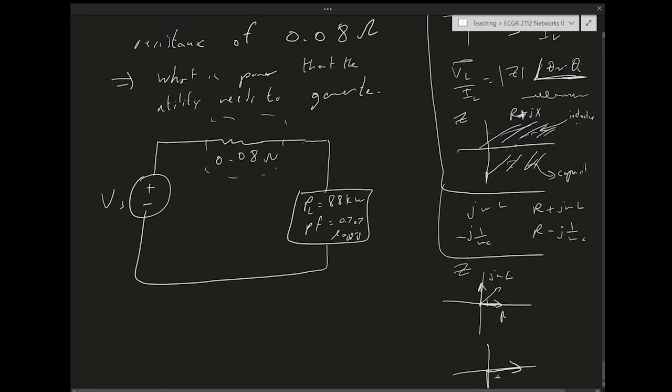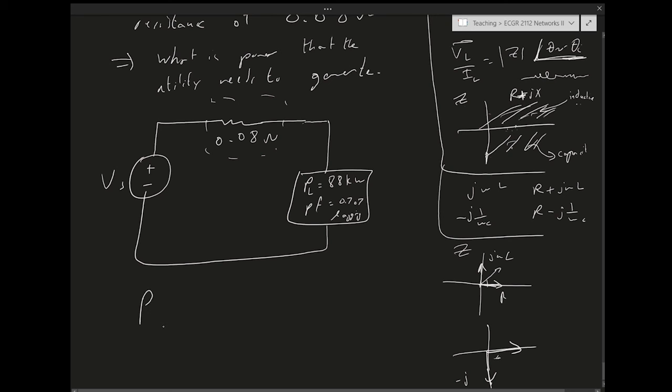Okay, so what's the power? So the average power generated is, well, first, from the load's perspective, we have the power factor and PL, right? We want to calculate how much current is going through the circuit, supplied by the transmission line.